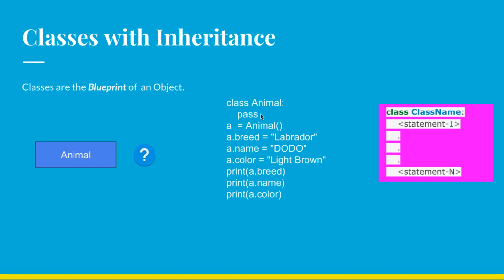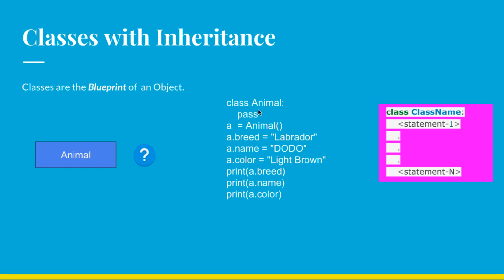So here you are creating an object of one single animal, that is A, and you are defining the properties, you are defining the state of that particular animal by giving the new state with the names breed, name, and color. So in Python, unlike other programming languages, Python has a very special property that you can dynamically create new properties and methods.